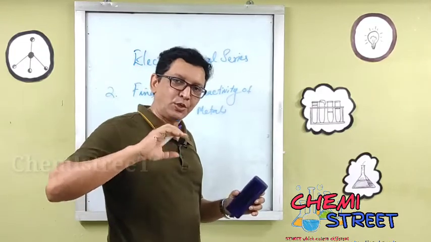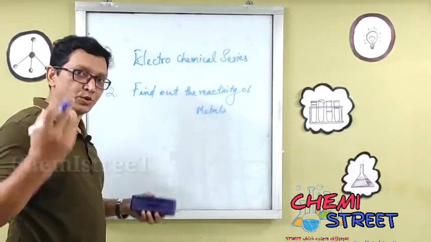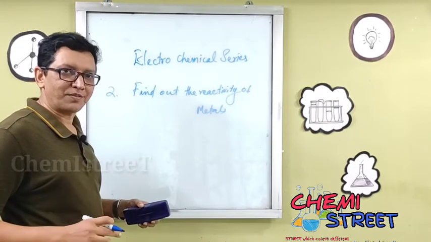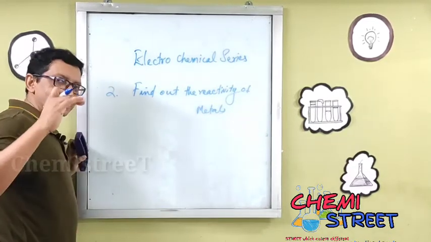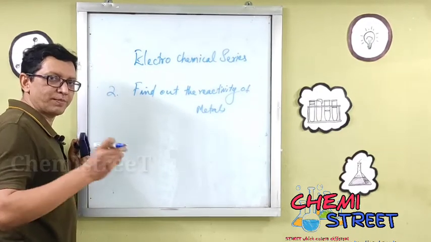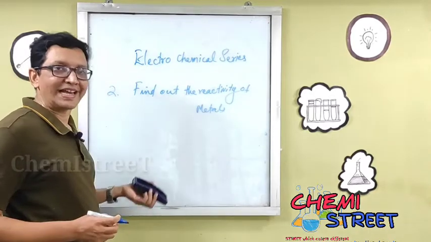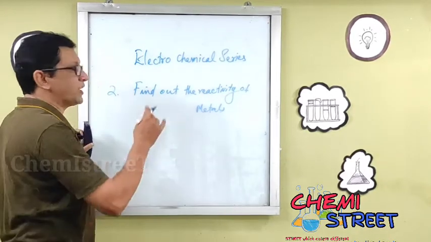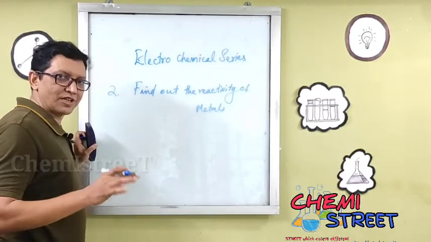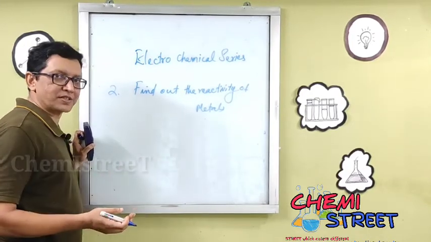That is the ability to lose electrons. If a metal has a great ability to lose electrons, it will be a good metal. So those elements which are at the top of the list, that is lithium, sodium, potassium, etc., zinc, will be highly reactive. And that particular table helps us to compare the reactivity of metals.